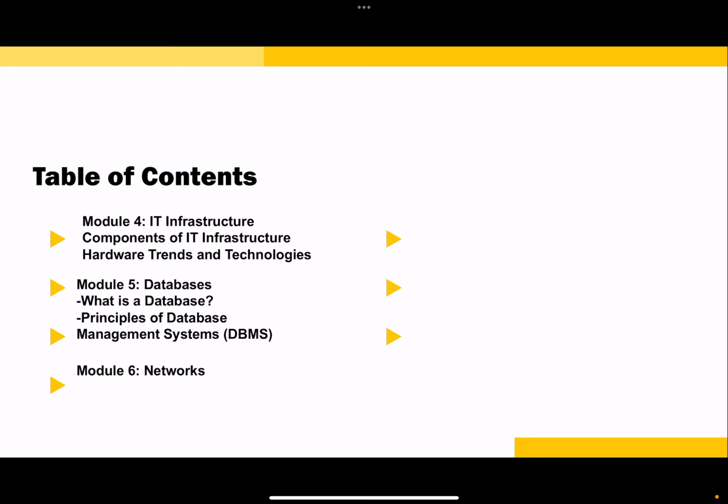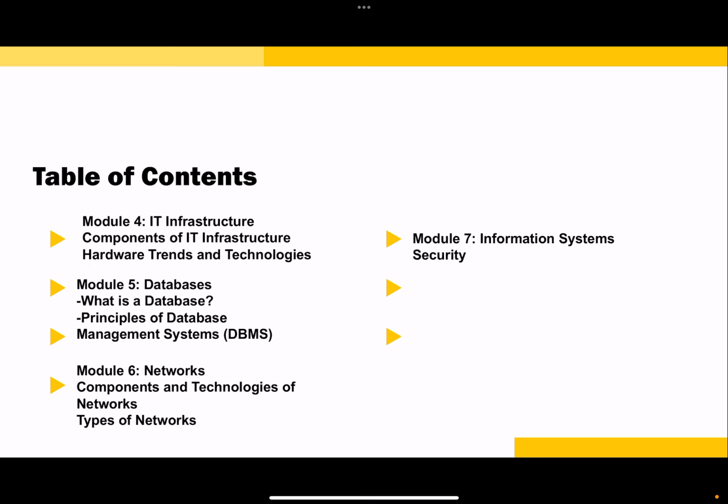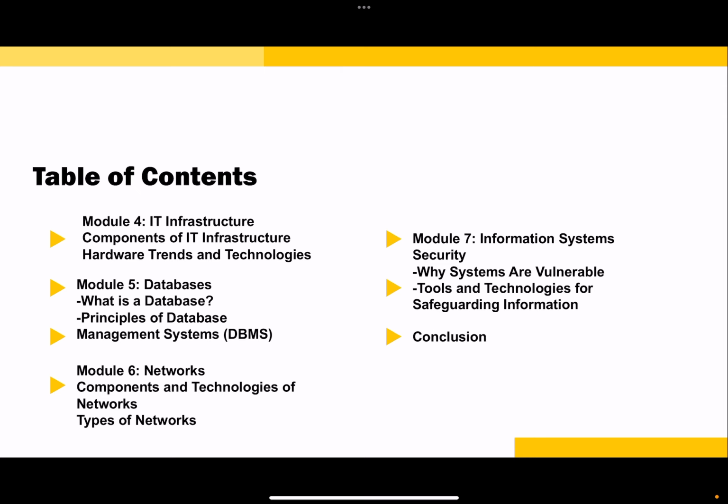Third, we will talk about Module 6, networks, components and technologies of networks, and types of networks. Finally, Module 7 will talk about information system security, why systems are vulnerable, and tools and technologies for safeguarding information. And a conclusion at the end of the video.